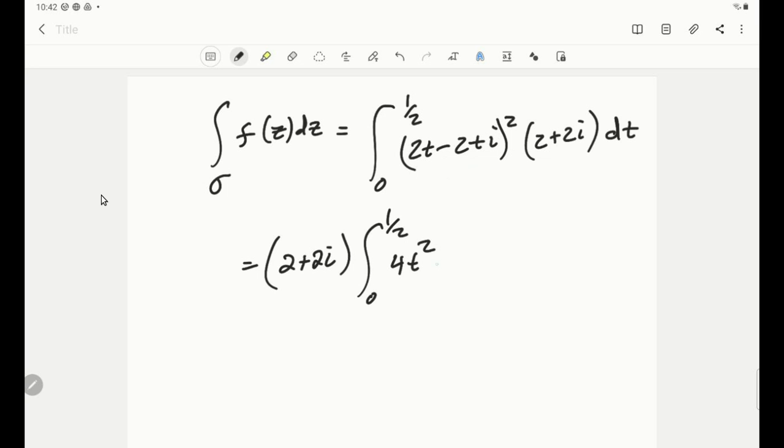Mixed terms, we get minus 8t squared I. And then the last term again is a negative, so it's negative 4t squared dt.